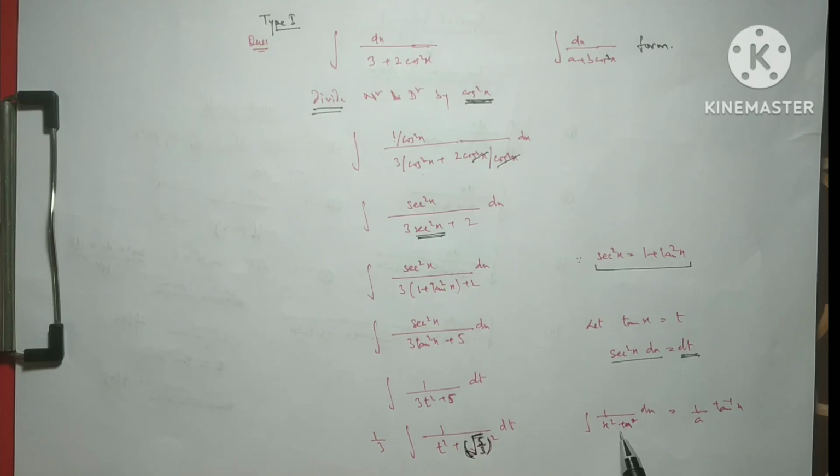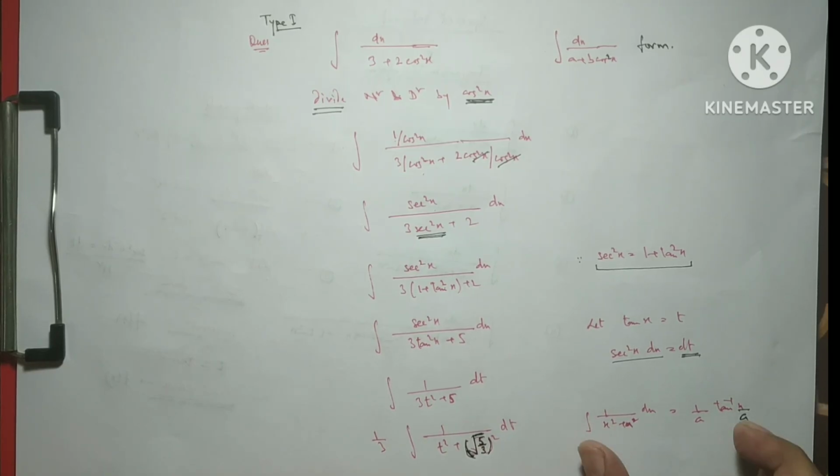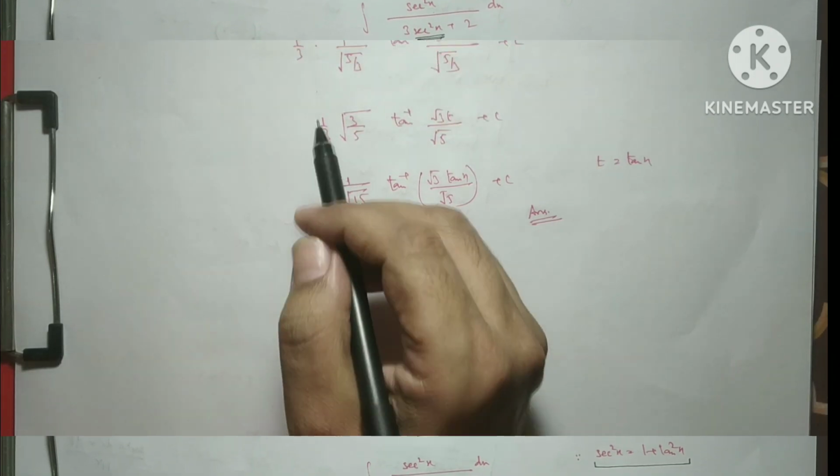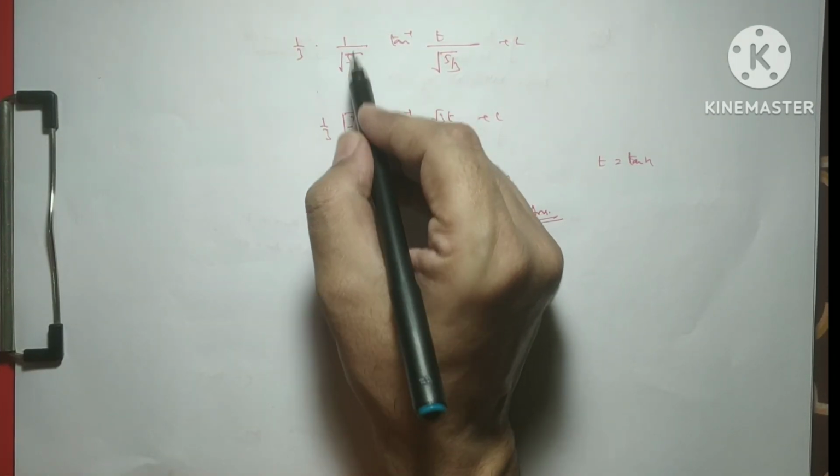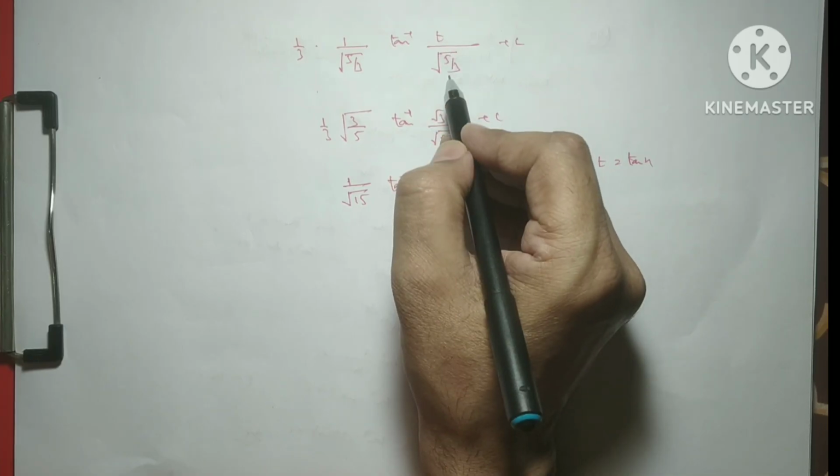So this is the form of a special integral in which we have the result 1 over a tan inverse x over a. So this is the format in which we will write the answer. So now it is 1 over 3, 1 over a tan inverse t over a.